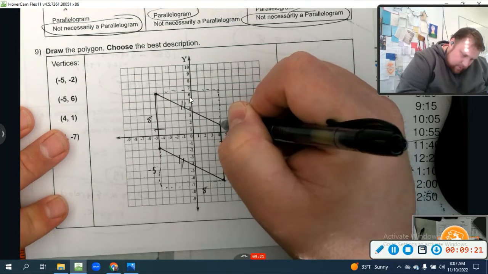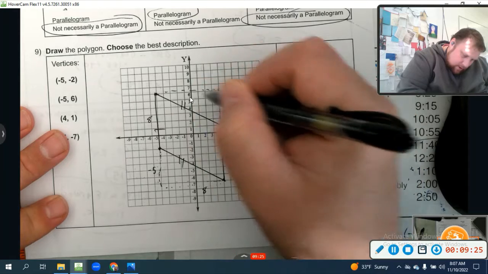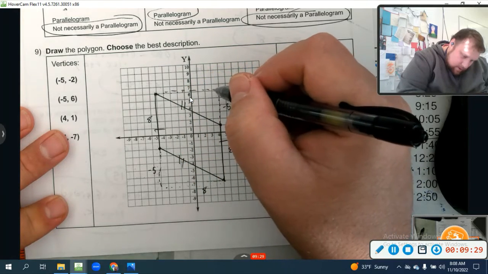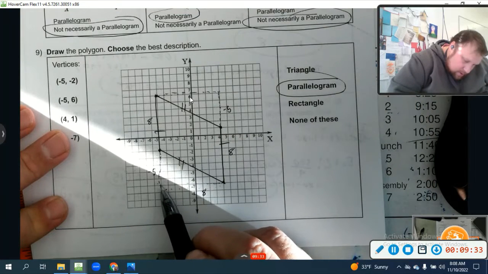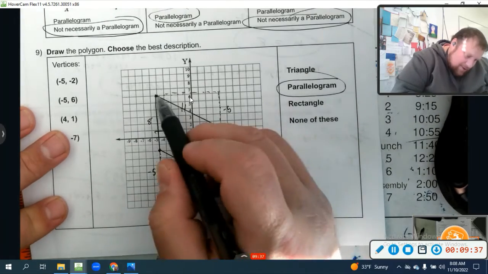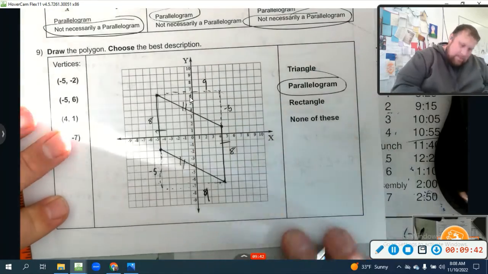Down 1, 2, 3, 4, 5, and over 1, 2, 3, 4, 5, 6, 7, 8, 9. Sorry, so this is 9 and 9. Yeah, not 8, 9 and 9. Boom. Same slope, opposite sides congruent.